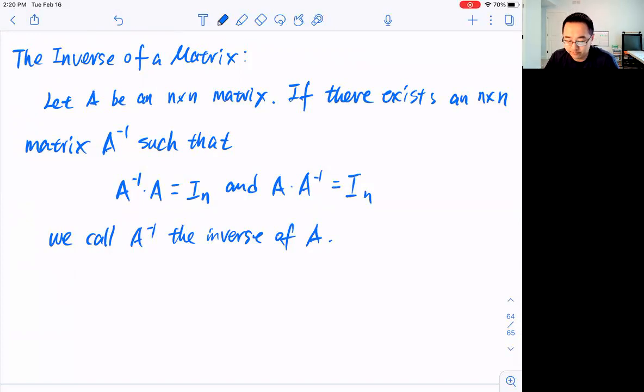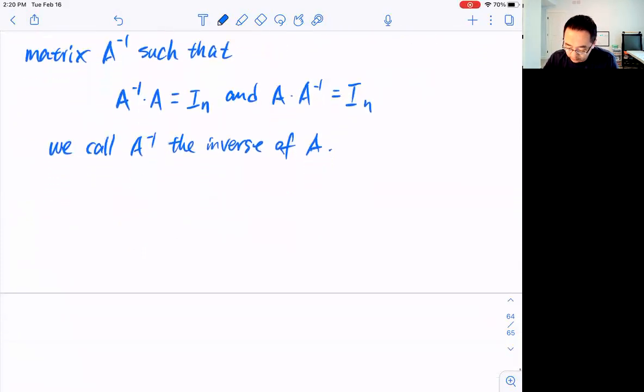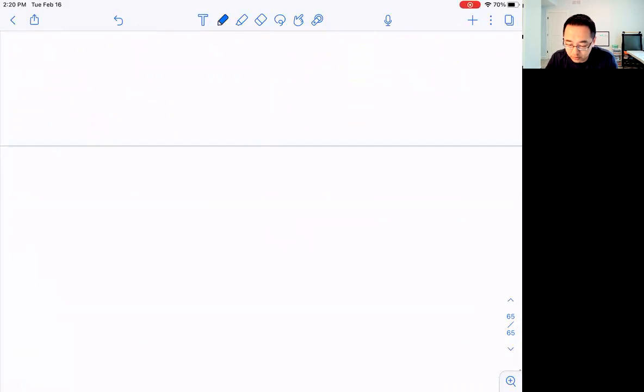Okay, now the way to find the inverse of a matrix is the following.